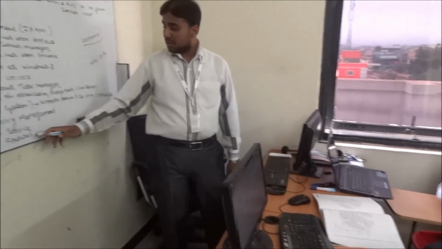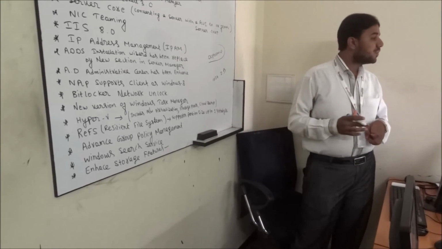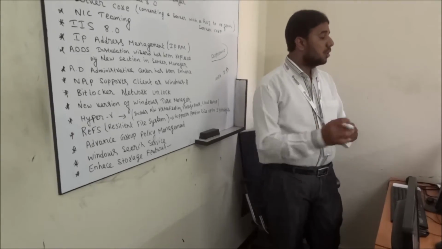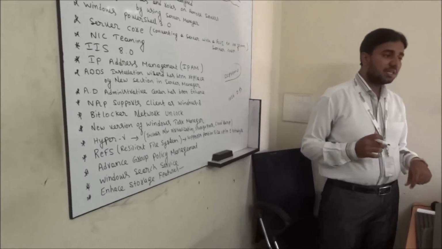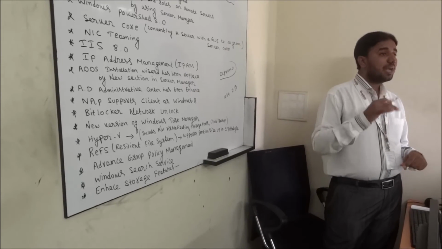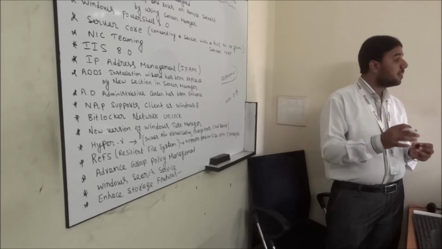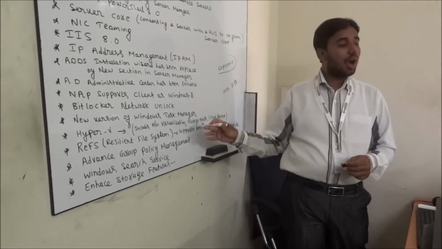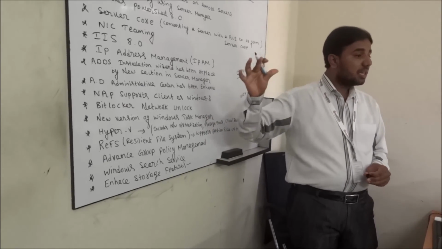And we have many more features, like when we talk about the roles of Server 2012 compared to Server 2008 R2. For WSUS and ADFS, Active Directory Federation Services, we required an internet connection to install these roles. We have the role, but the files would be downloaded from the internet. But when you come to Server 2012, you don't need an internet connection.